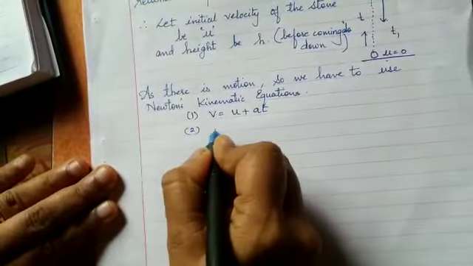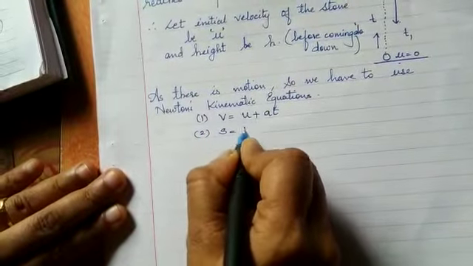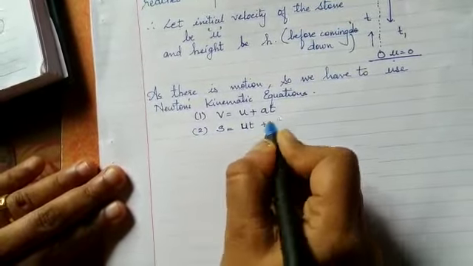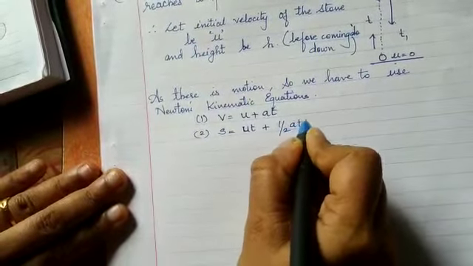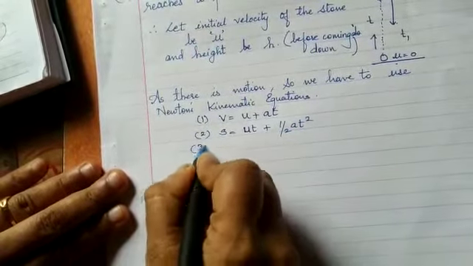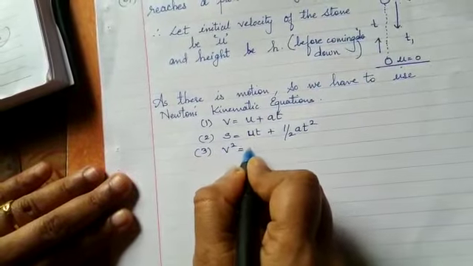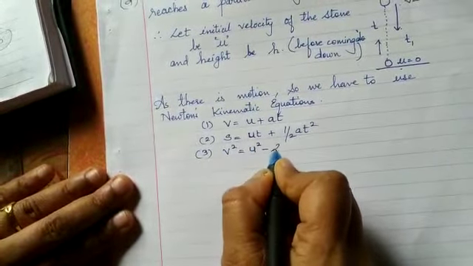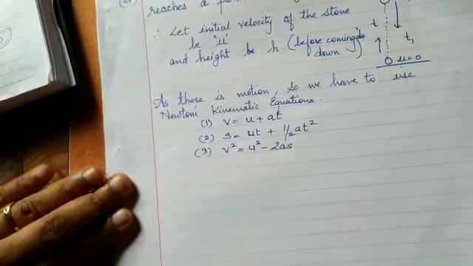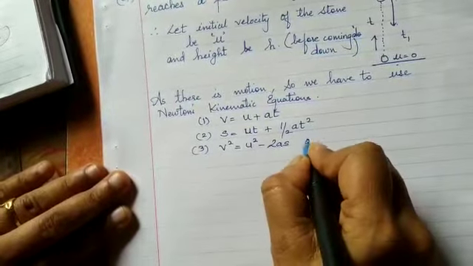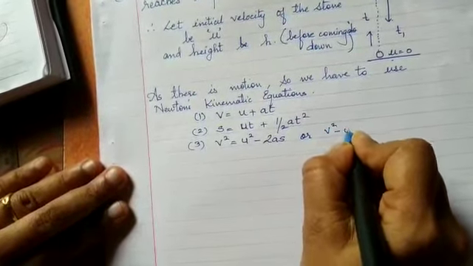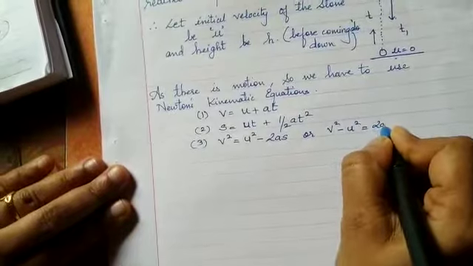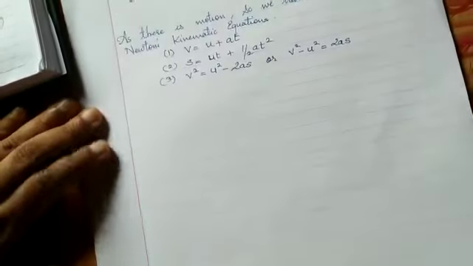Second equation is S is equal to UT plus half AT square. And third equation is V square is equal to U square minus 2AS. Or we can take this as V square minus U square is equal to 2AS.